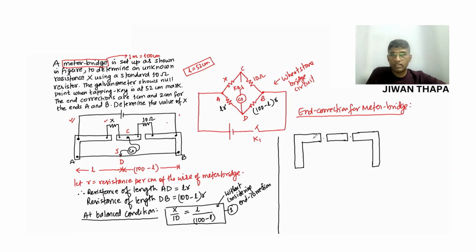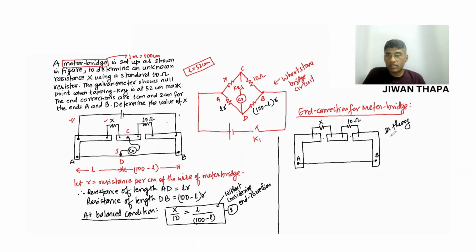And we find unknown resistance X in the left gap and a standard 10 ohm resistor in the right gap. And we have a wire between terminal A and B. So we have this.